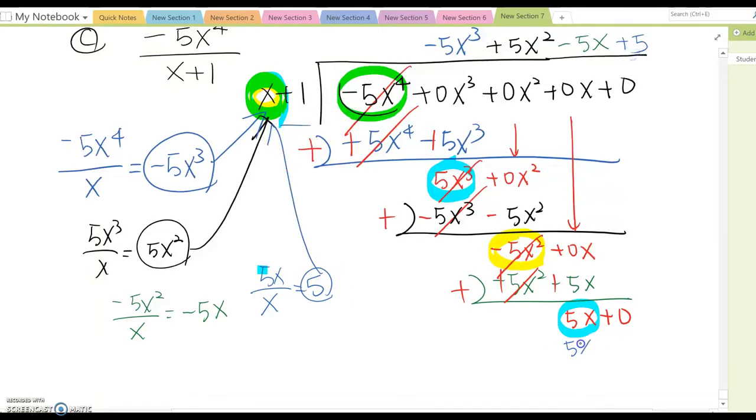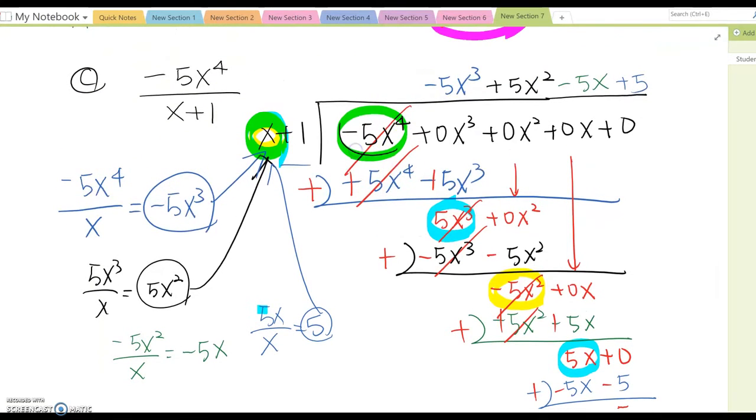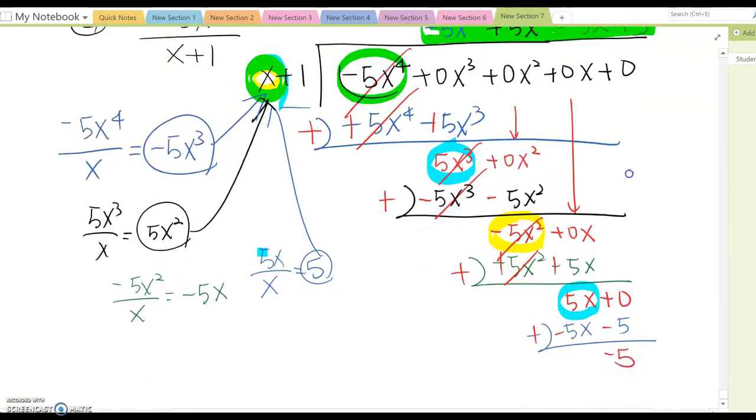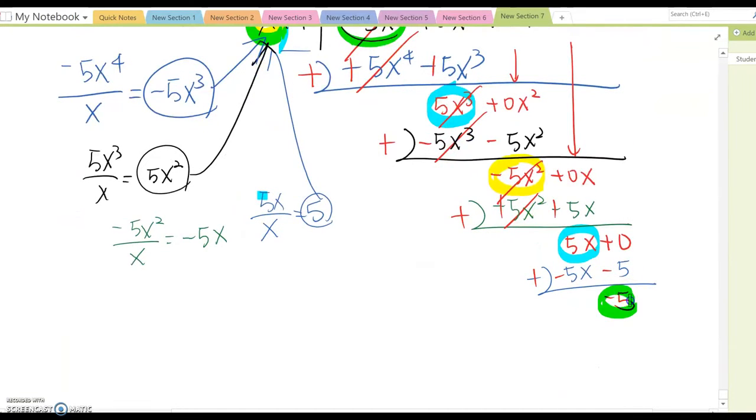So 5x plus 5, and you subtract, which means switch their signs. Okay, so it becomes negative 5 here. Therefore, the answer, the quotient, becomes negative 5x cubed plus 5x squared minus 5x plus 5, and then that's the remainder.